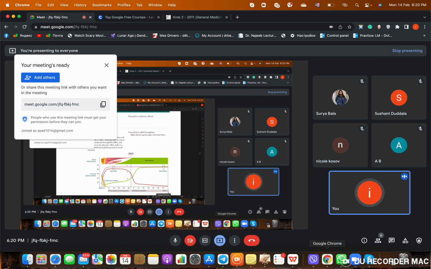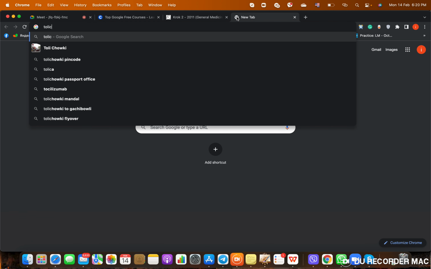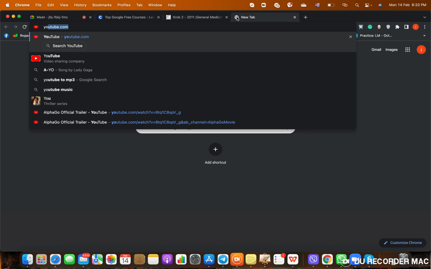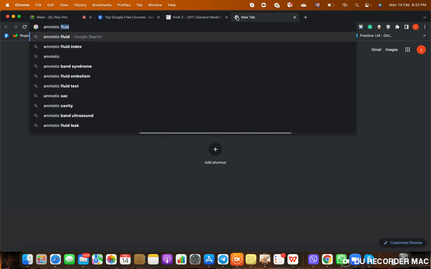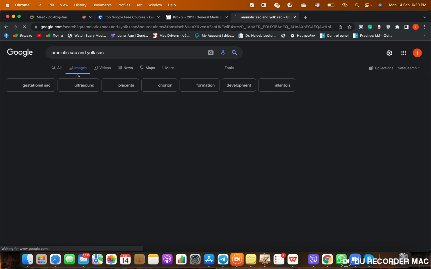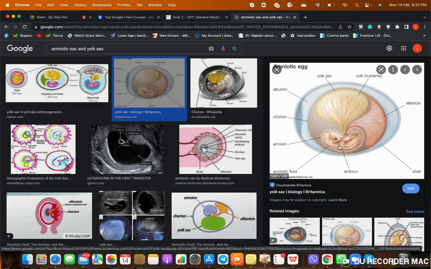If you forgot what the yolk sac is, remember we had something called the amniotic sac and the yolk sac. And between them we had this trilaminar disc, if you remember. So this is the baby, the embryo, and here we have the amniotic sac, and here we have the yolk sac.